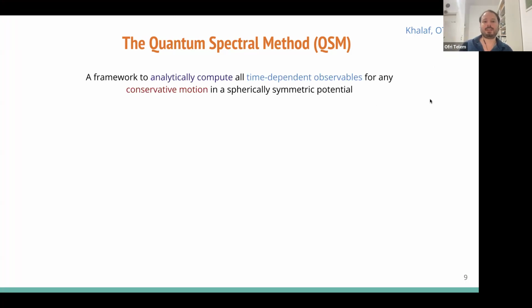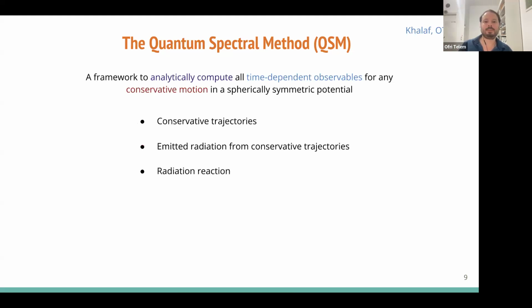So this is a framework to analytically compute all time-dependent observables, not just radiation, anything, for any conservative motion in a spherically symmetric potential. Okay, so note that even though we have an inspiral, because we're calculating the radiation reaction with respect to a given conservative orbit, the tangent Keplerian orbit, we can use this method, which was made for conservative motion.